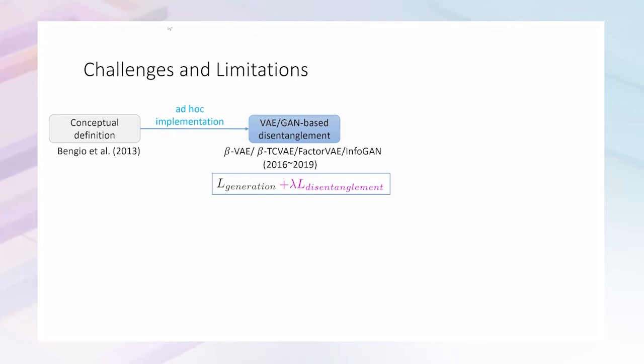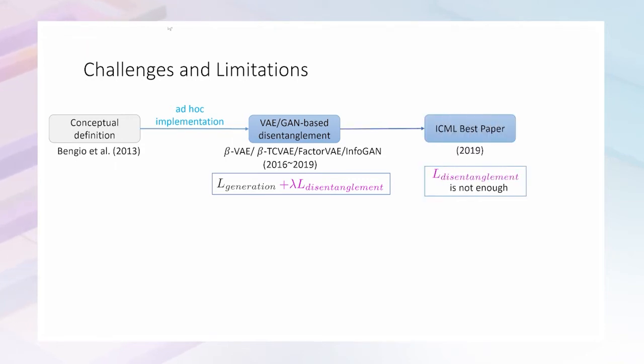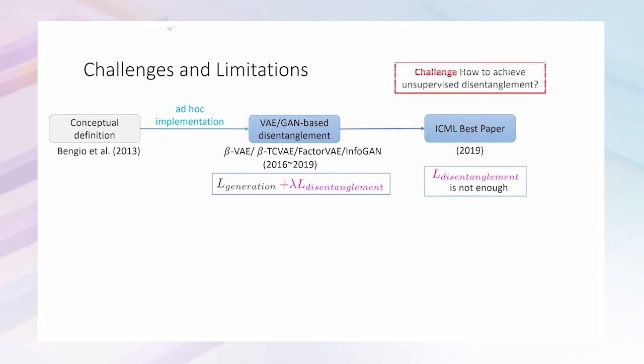However, this regularization results in a trade-off between the disentanglement and the generation quality. Then in 2019, the ICML best paper challenged these methods and pointed out that regularization alone is not enough to achieve unsupervised disentanglement. How to achieve unsupervised disentanglement is a challenging task.